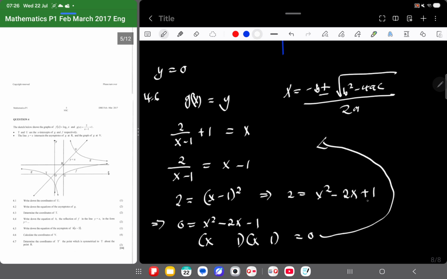Okay. I did say plus 1. And then if I transpose 2 to the other side, I'll have plus 1 minus 2 giving me minus 1. What's wrong?